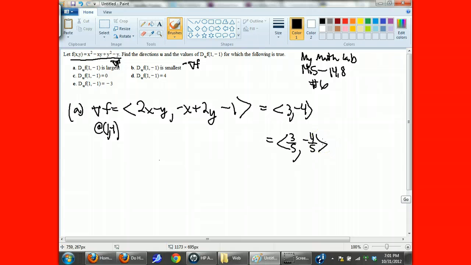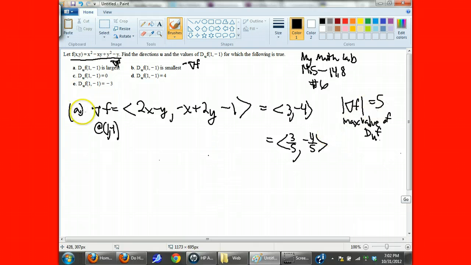The magnitude of the gradient is the actual value of the directional derivative, the max value. The magnitude of the gradient is the max value of the directional derivative. And so it's 5, and it occurs in this direction.